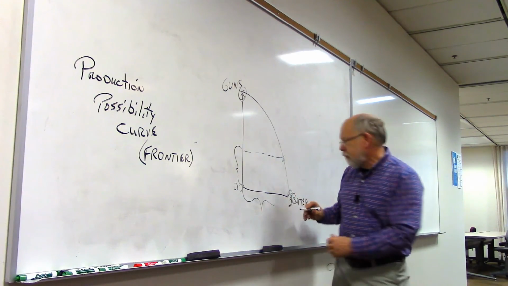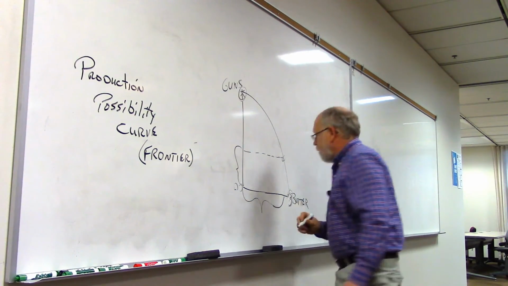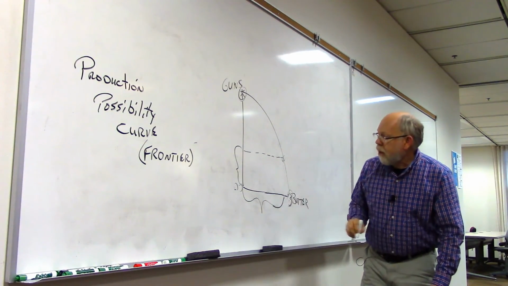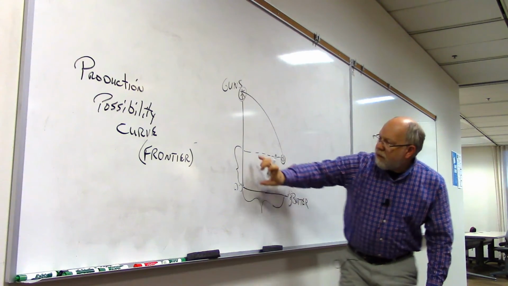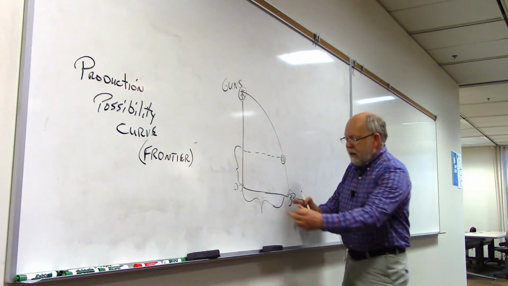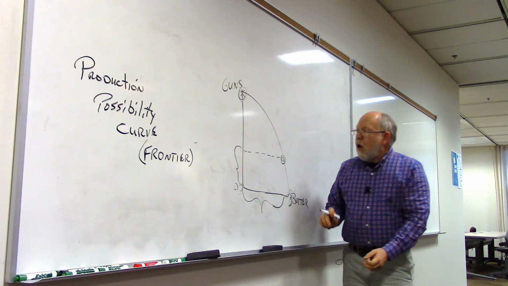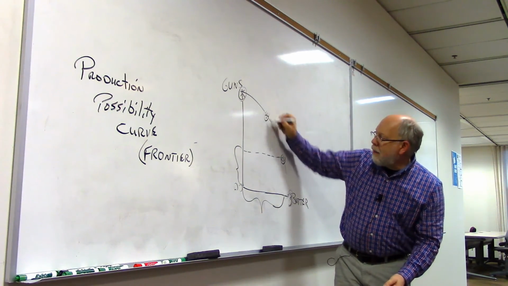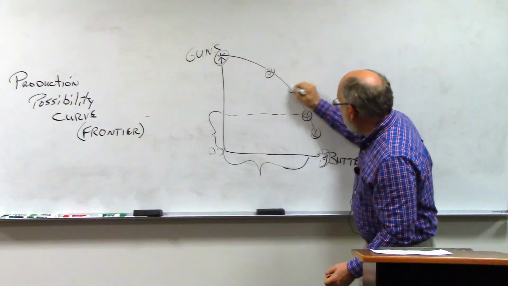Yes, it goes to this point right here. So it's possible we could have this amount of military stuff and this amount of consumption good, just like it's possible to be any place else on this curve.